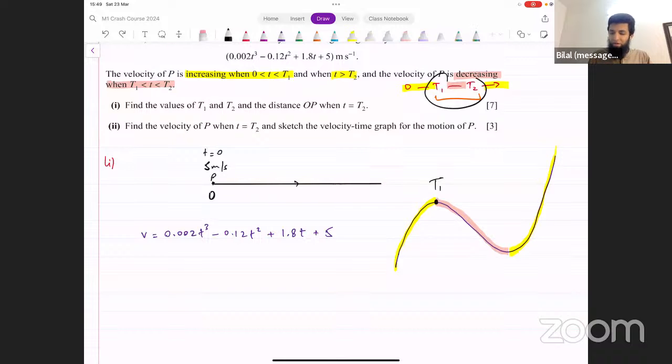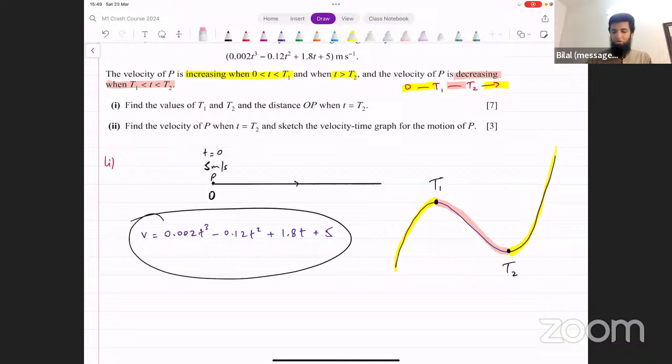From t1 to t2, the velocity decreases. And then at t2, it starts increasing again. So that means this point here should be t2. So t1 and t2 are basically the turning points of this function. So all you have to do is find the turning points of this function. Make sense?